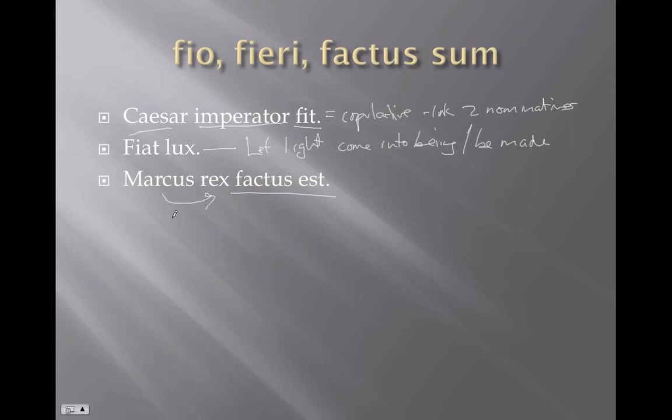So both Marcus and rex are going to be in the nominative because this really serves as a type of linking verb. So if you keep in mind that this is going to link two nominatives, or if it's an indirect discourse, two accusatives, you'll be perfectly fine. Whatever is on one side of factus est, whatever is on one side of fio, has to be on the other side.